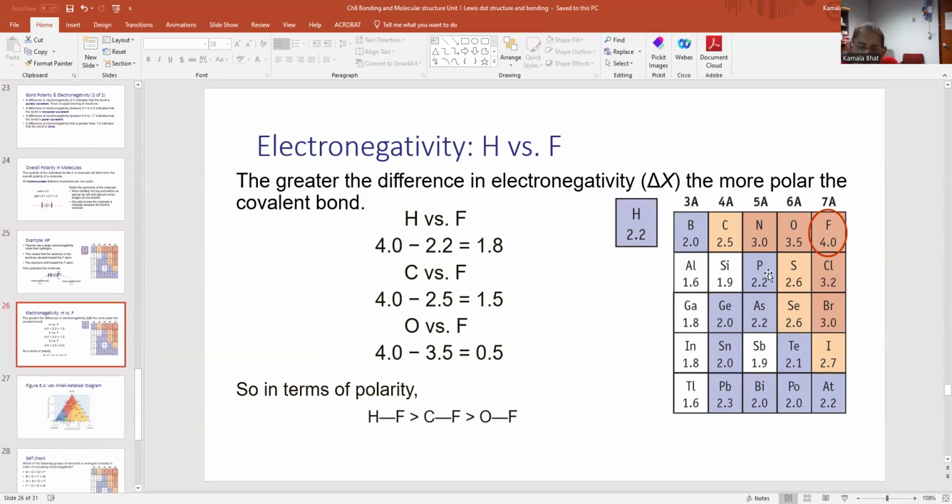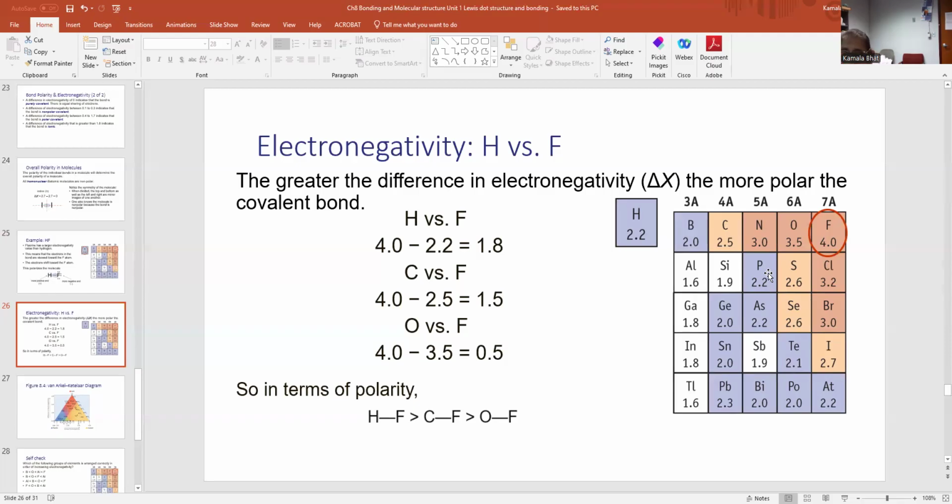In this way, we can compare the polarity of different bonds just by finding the delta chi using the electronegativity table, and then say which bond is most polar, in increasing or decreasing order of polarity.